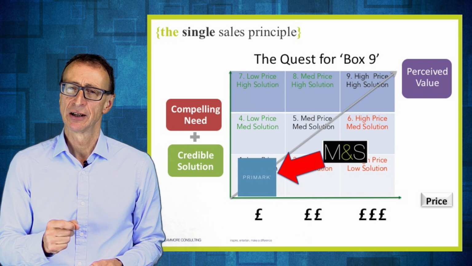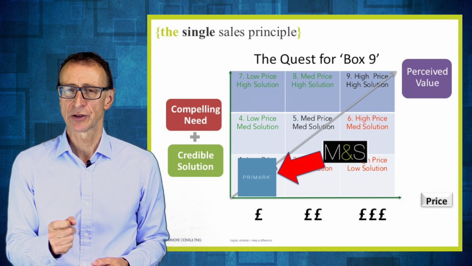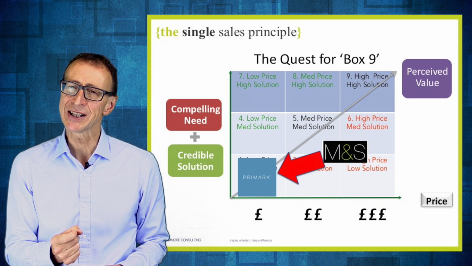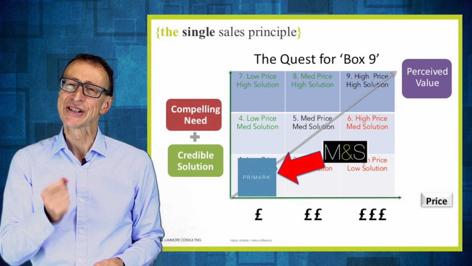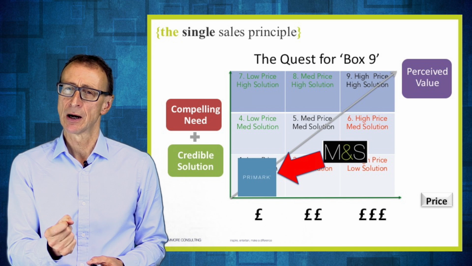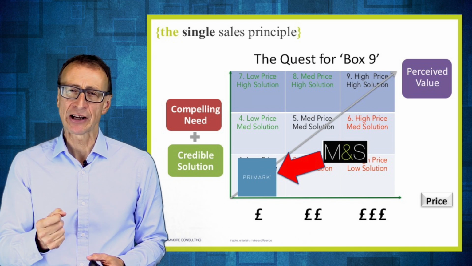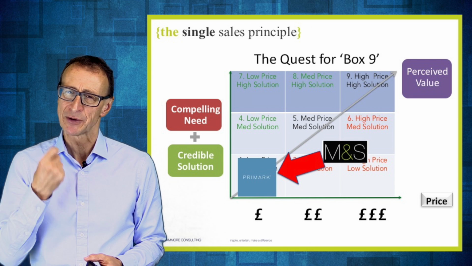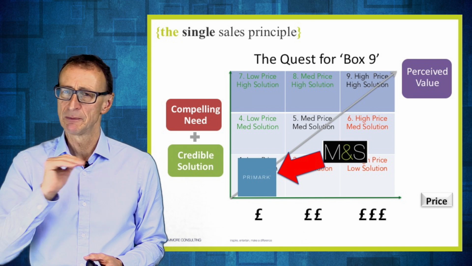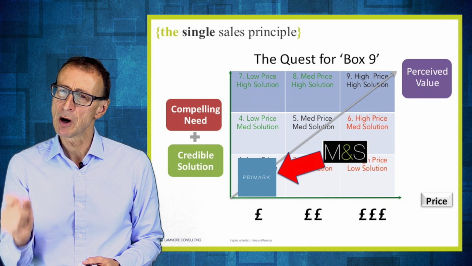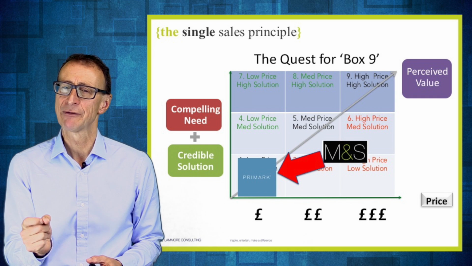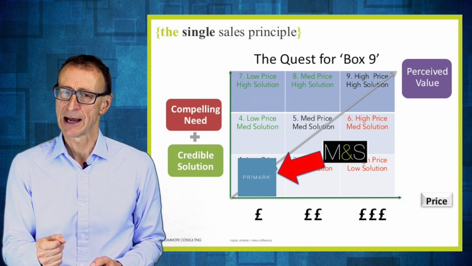I'm suggesting not very well for Marks and Spencer's. Why? Because I'm guessing that they're not as lean as Primark are. Primark have made a business about manufacturing cheap items and being able to sell them cheap, stack them high. And I'm not sure Marks and Spencer's quite have the infrastructure to be able to make that happen.